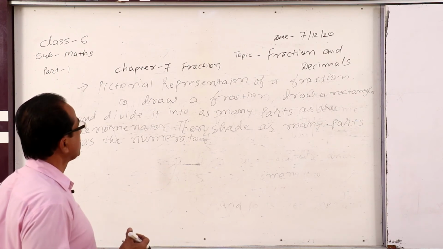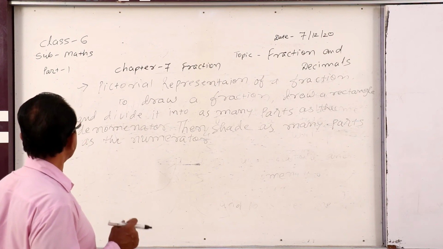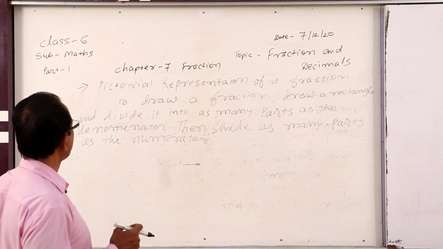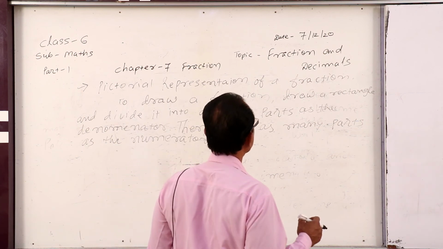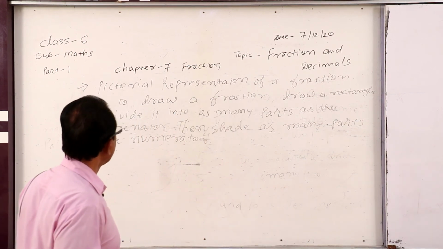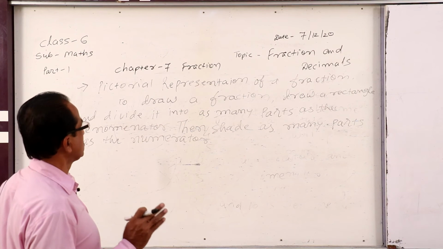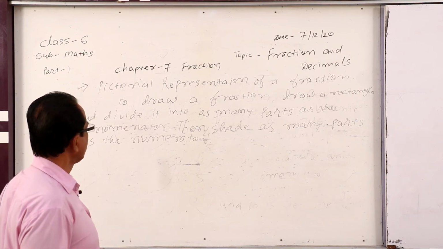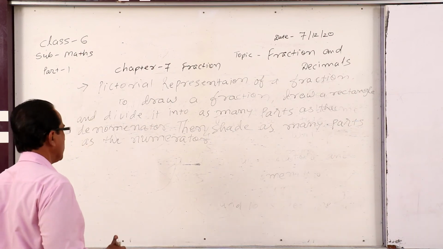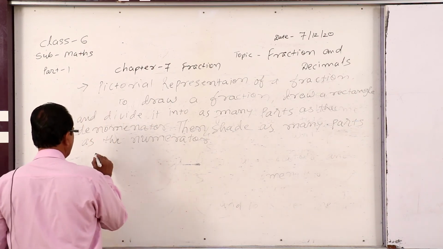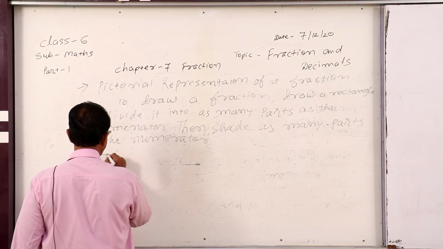In pictorial representation of a fraction, first we have to draw a rectangle and divide it into as many parts as the denominator, then shade as many parts as the numerator. See here, first we made the rectangle.